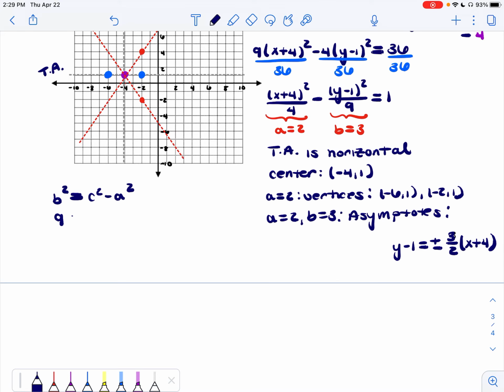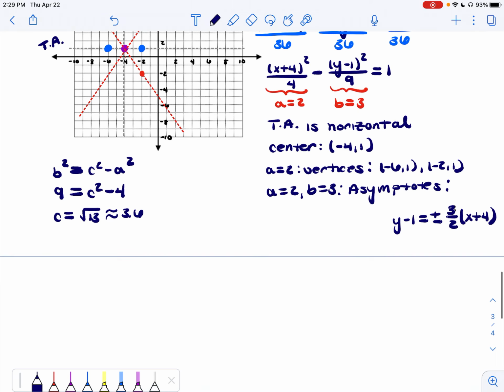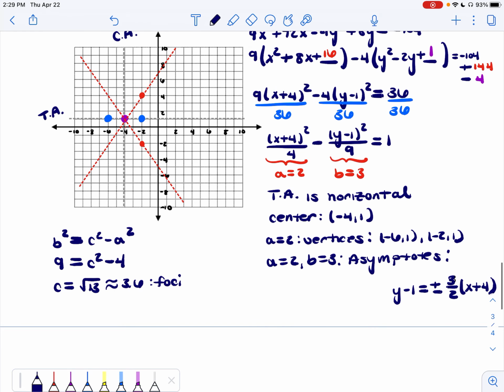Plug in 9 is equal to c squared minus 4, which would give us c is equal to the square root of 13. Plugging that into our calculator, that's approximately 3.6. So that's going to give us our foci. So from the center at negative 4, 1, we're going to count 3.6 units right, 3.6 units left, and those are going to be our foci.